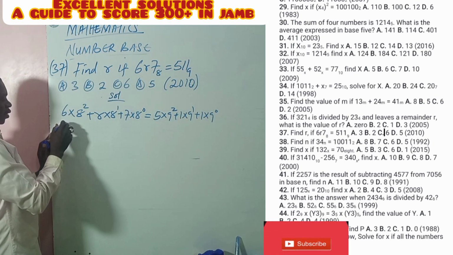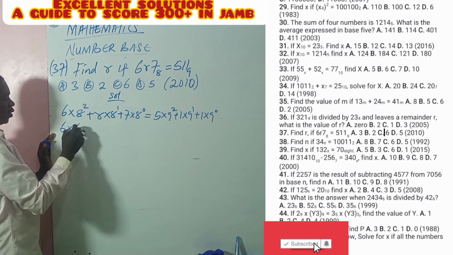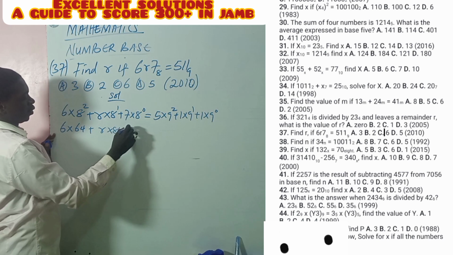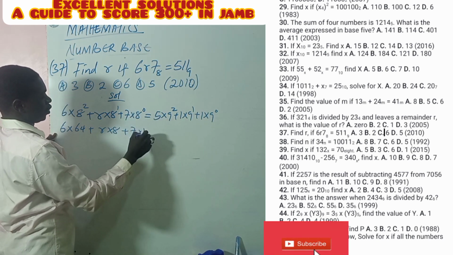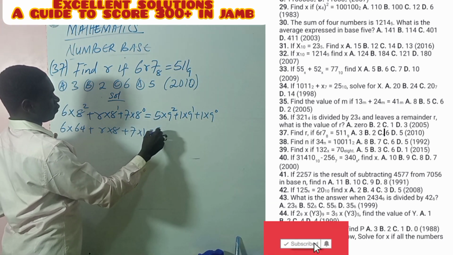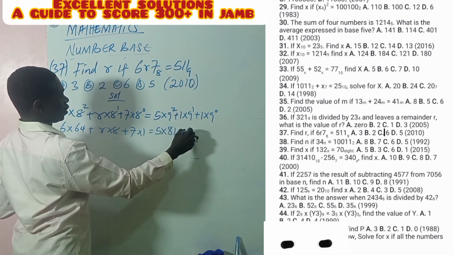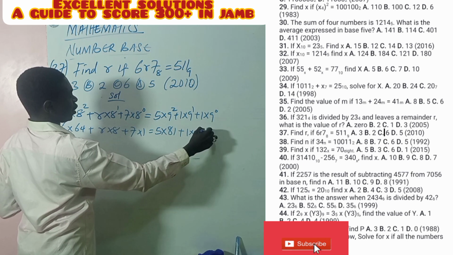So this is the same as 6 times 8 square, which is 64, plus r times 8 plus 7 times 8 power 0, which is 1, equals 5 times 9 square, which is 81, plus 1 times 9 plus 1 times 9 power 0, which is 1.